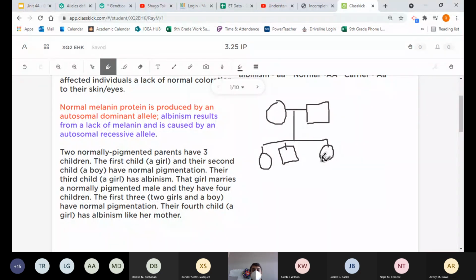So this child you would fill in and say this person is affected by albinism. That girl marries a normally pigmented man, and they have 4 children.